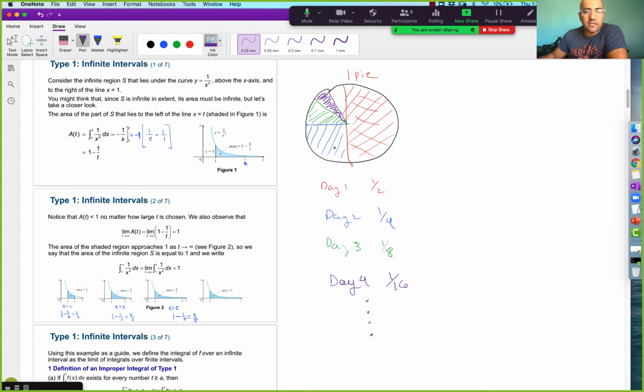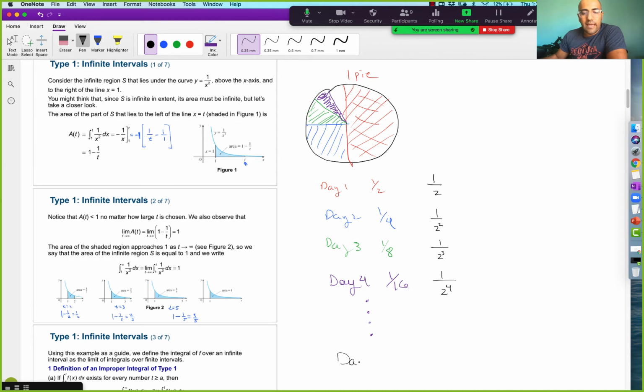First of all, I could see that another way of rewriting this would be equal to 1/2 and 1 over 2 to the power of 2 and 1 over 2 to the power of 3 and 1 over 2 to the power of 4. So we start to see a nice little pattern that on day 4, it's 2 to the 4 in the denominator. Day 3, it's 2 to the power of 3.